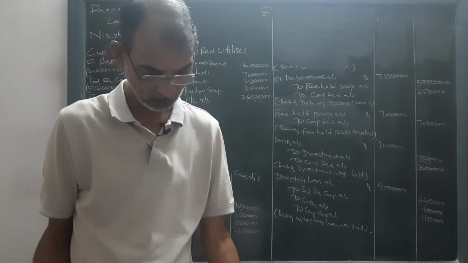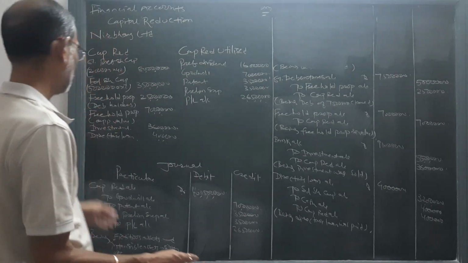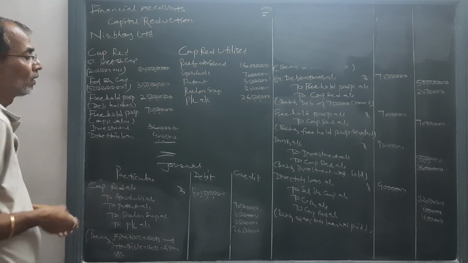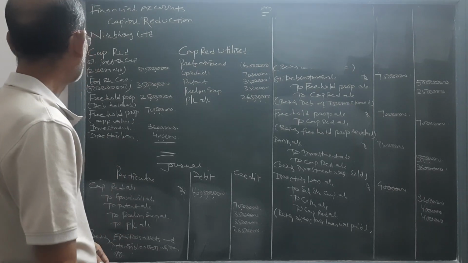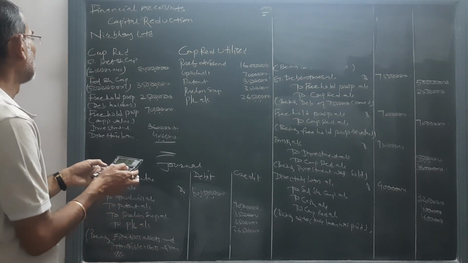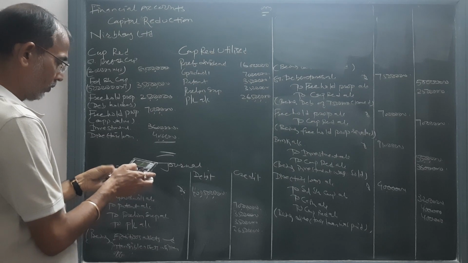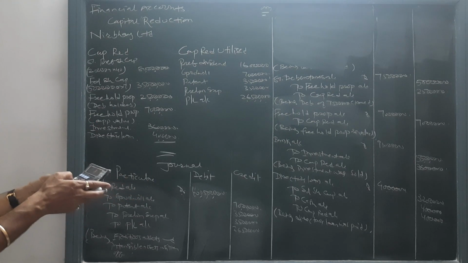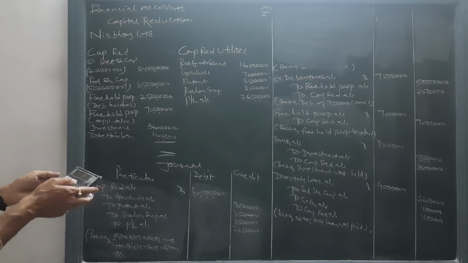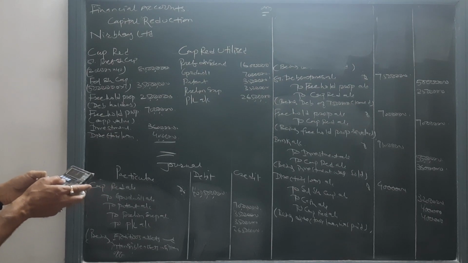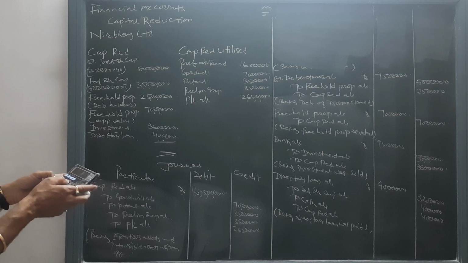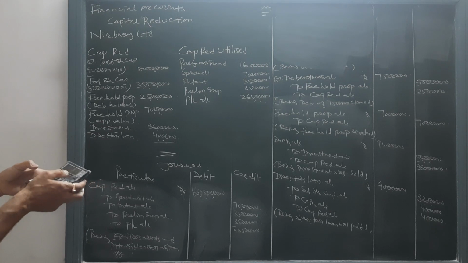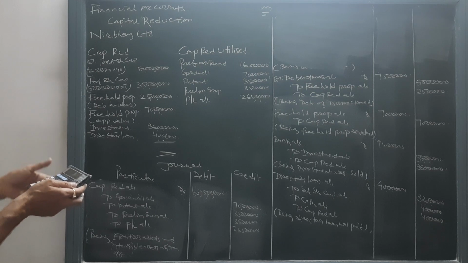Now let's calculate the difference between the totals of these two sides. Here the first figure is 80 lakh, then 3 crore 50 lakh, then 25 lakh, 70 lakh, 95 lakh and 40 lakh.